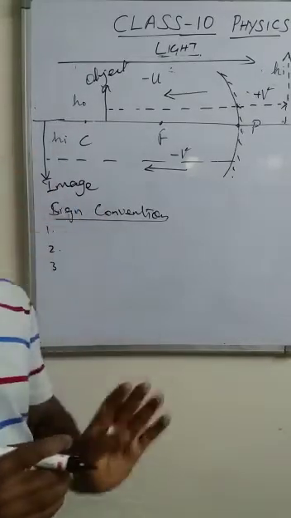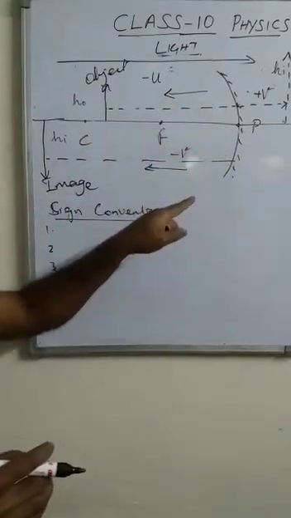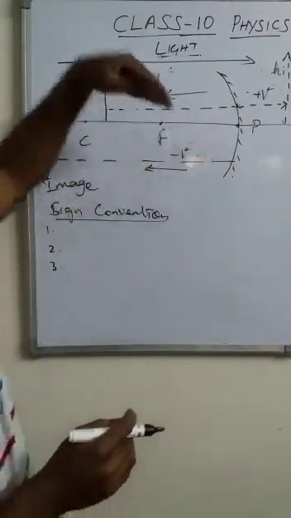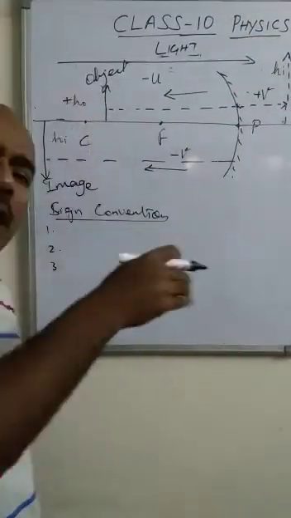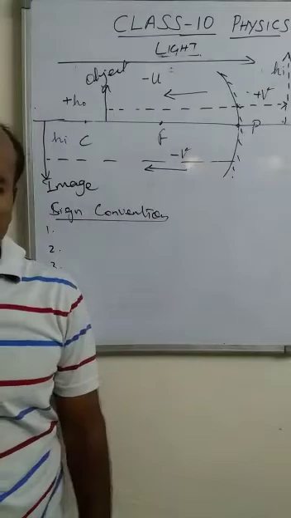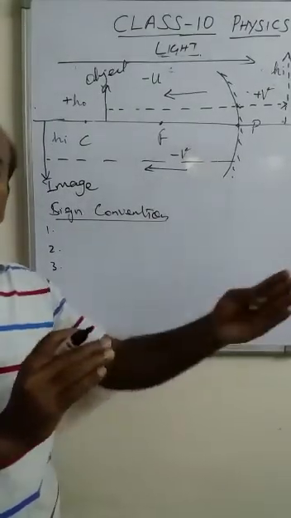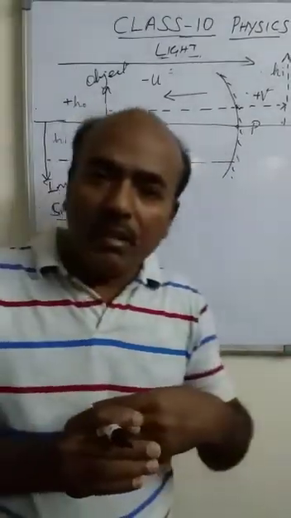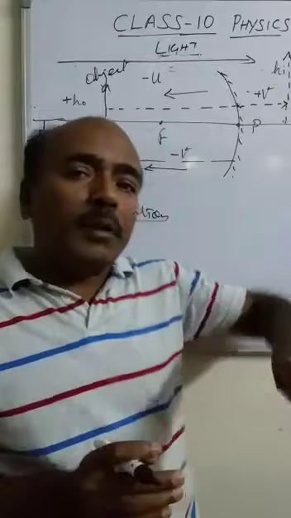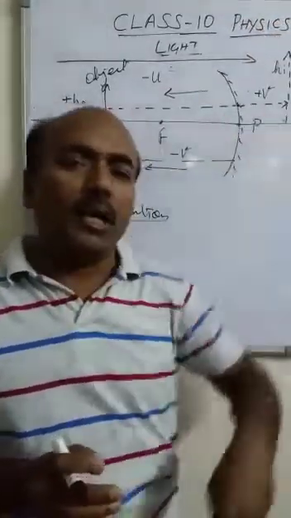The third sign convention is that the size, if it is measured above the principal axis, is taken as positive. It is just like coordinate geometry. In coordinate geometry, from the origin along the x-axis, towards right is positive, towards left is negative. Then along the y-axis, above the x-axis, that is vertically upward, is positive, downward is negative.